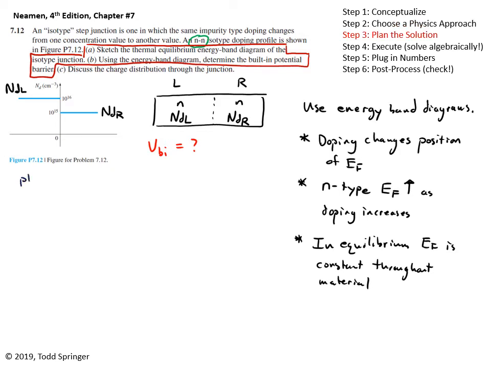So our plan is to do the same derivation that we did for the p-n junction: draw the energy bands for each side separately. And EF will be in a different position.